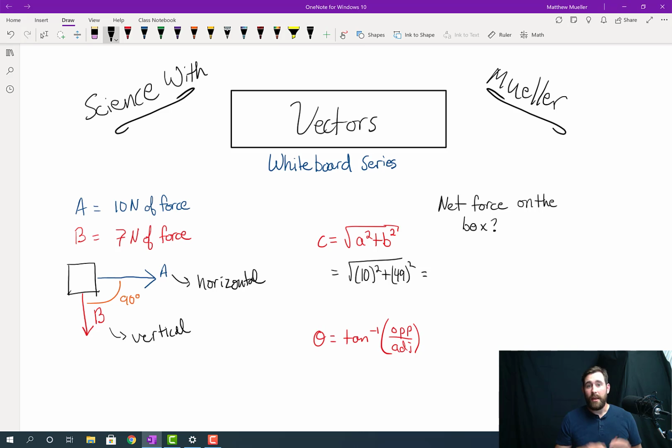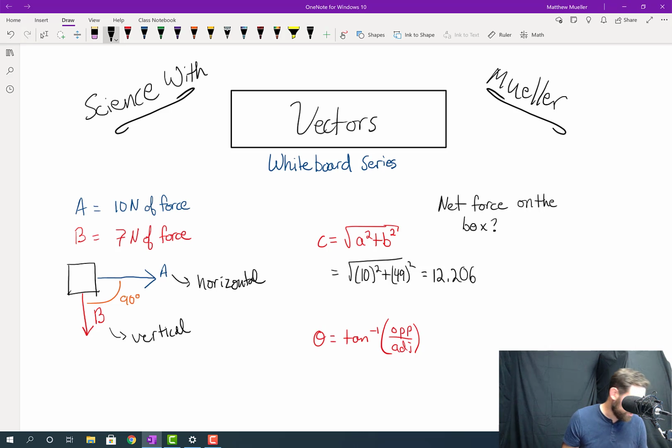So let's go ahead and do that. Punching it in gives us 12.206. I mistyped that. There we go. 12.206. And I like to keep 3 decimals to make sure I don't miss anything with rounding. You could also write this 12.207, but that is up to you.